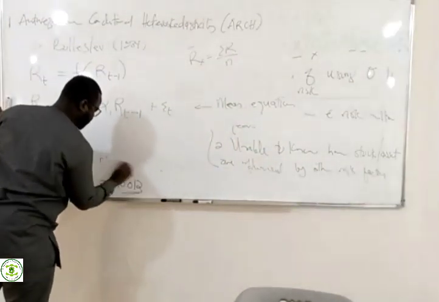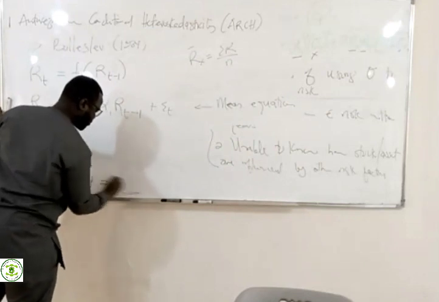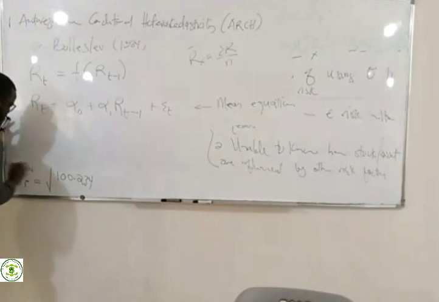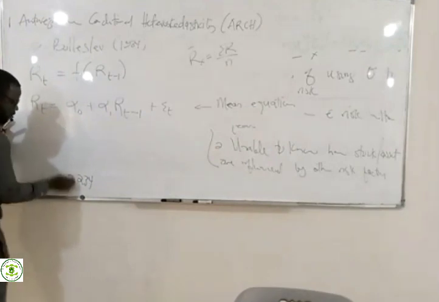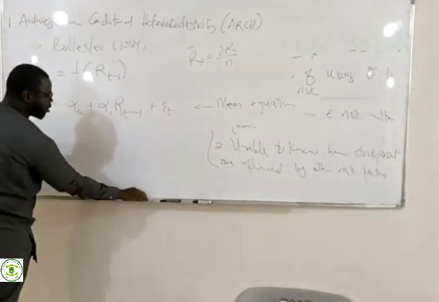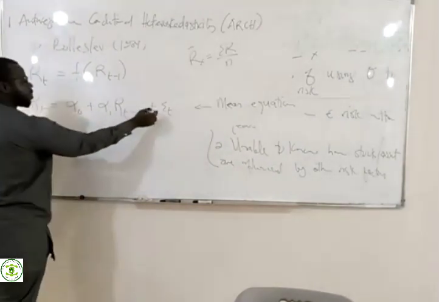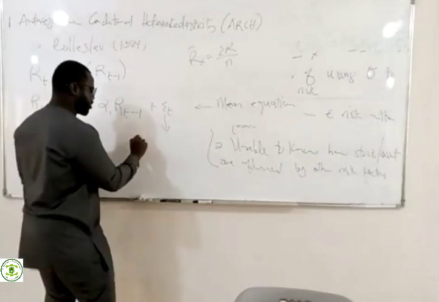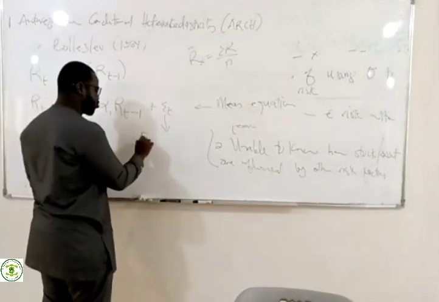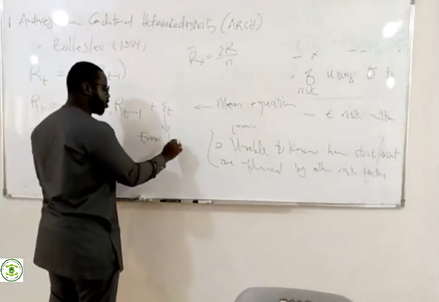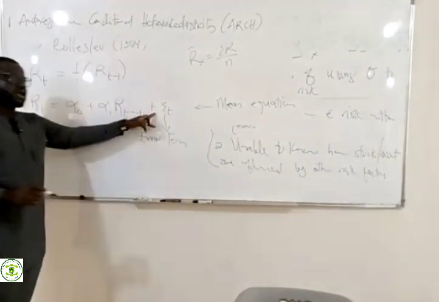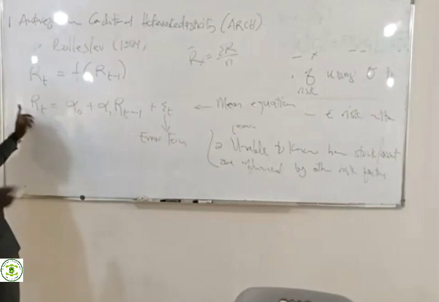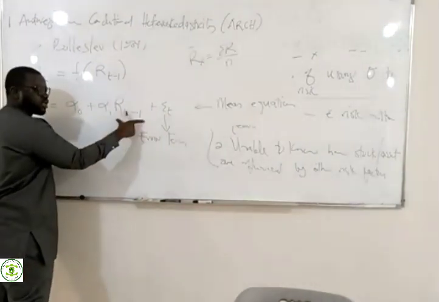Now the variance. The mean return equation has this particular thing. Those who know econometrics, the finance guys will tell you this is called the error term. Any other factors affecting the return that are not attributed to the return.